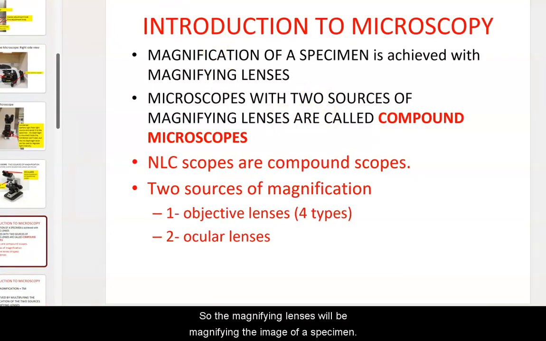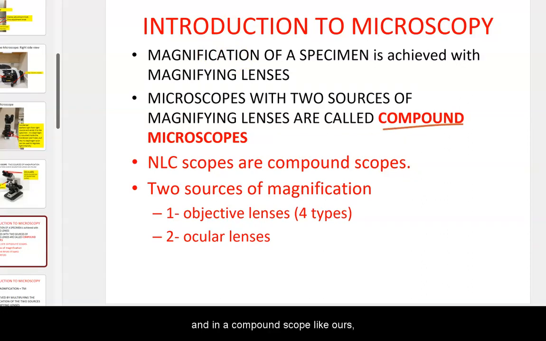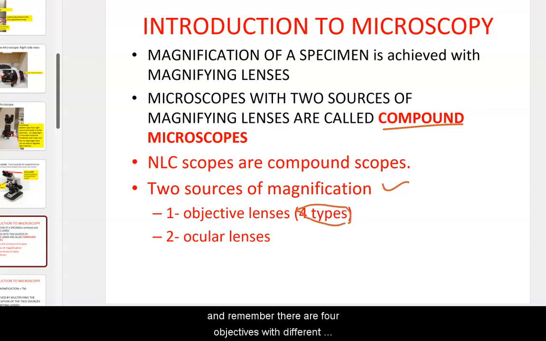So the magnifying lenses will be magnifying the image, the specimen, and in a compound scope like ours, there will be two sources of magnification. The first source will come from the objective lens in place, and remember there are four different objective lenses in our microscopes.